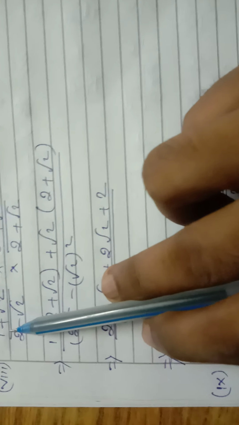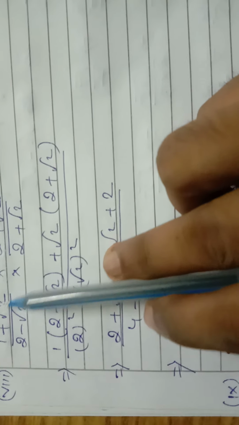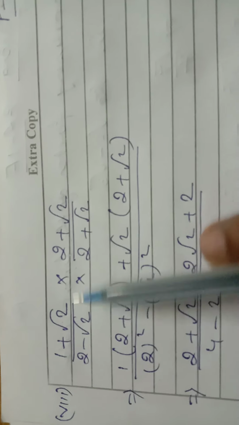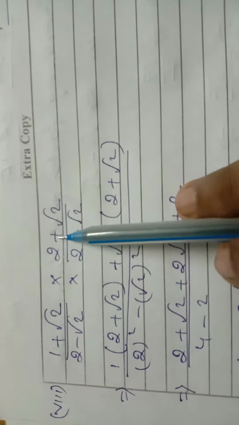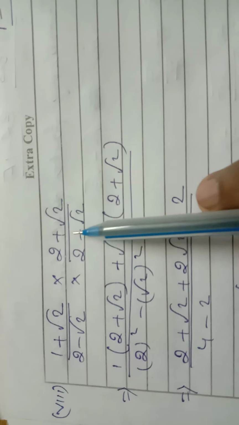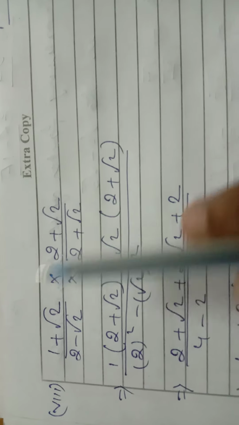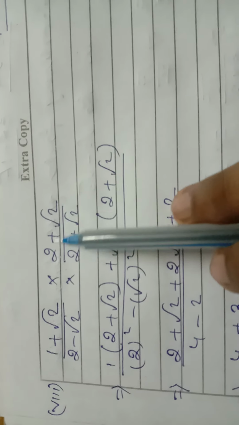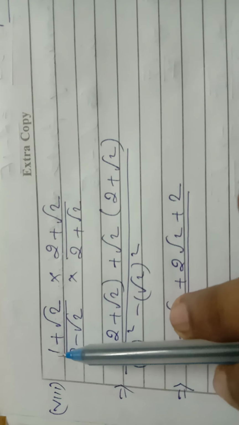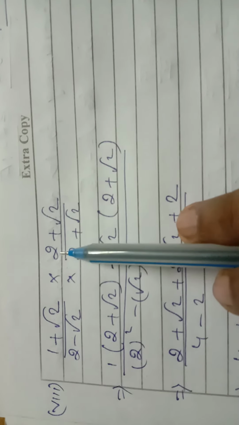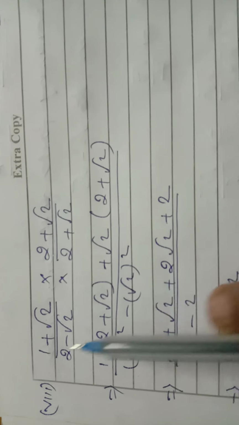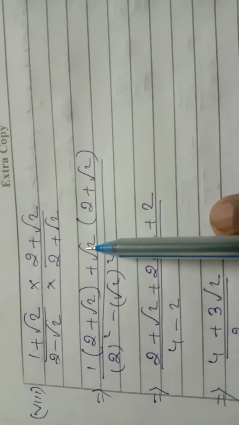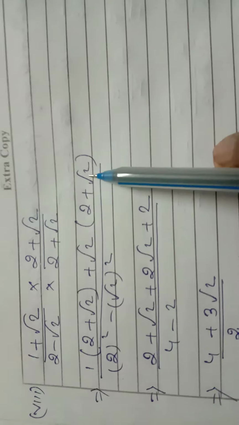We have this question: 1 plus root 2 divided by 2 minus root 2. So multiply the same number but with the opposite symbol. Minus is here, so we multiply by plus. Both the numbers we have to multiply here. So first 1 multiplied by 2 plus root 2. Again plus root 2 multiplied by 2 plus root 2.